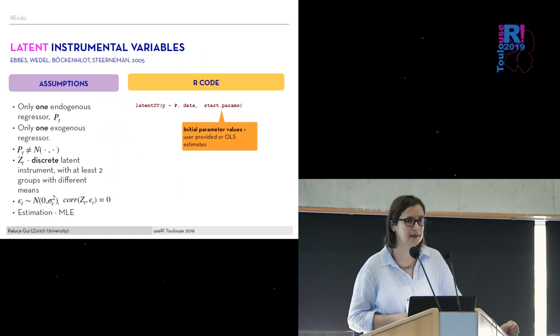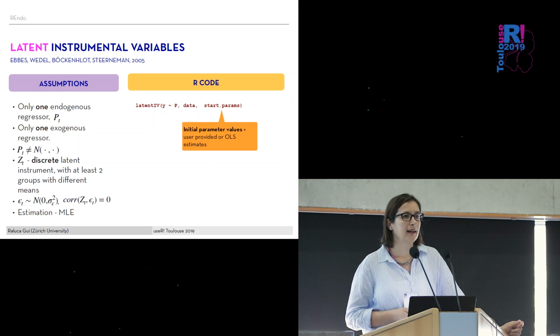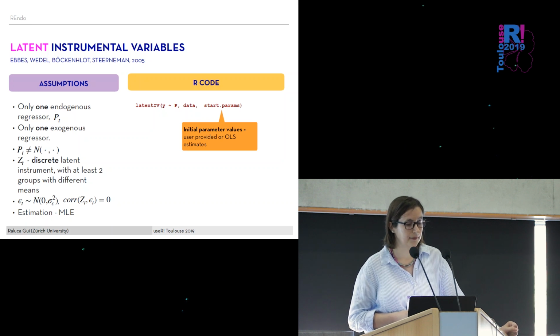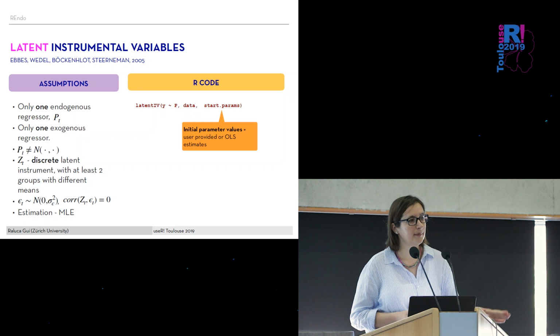So one of the first instrumental variable methods in the REndo package is the latent instrumental variable proposed by Peter Ebbes and his co-authors in 2005. The approach lets you have one endogenous variable and only one exogenous variable. And I have to tell you that in all the methods included at the moment in REndo, the dependent variable has to be continuous.